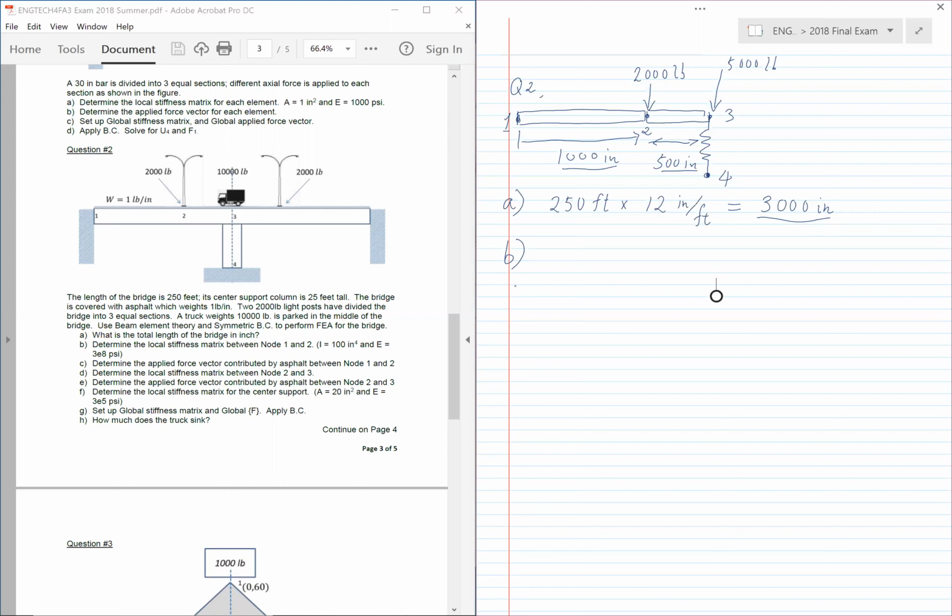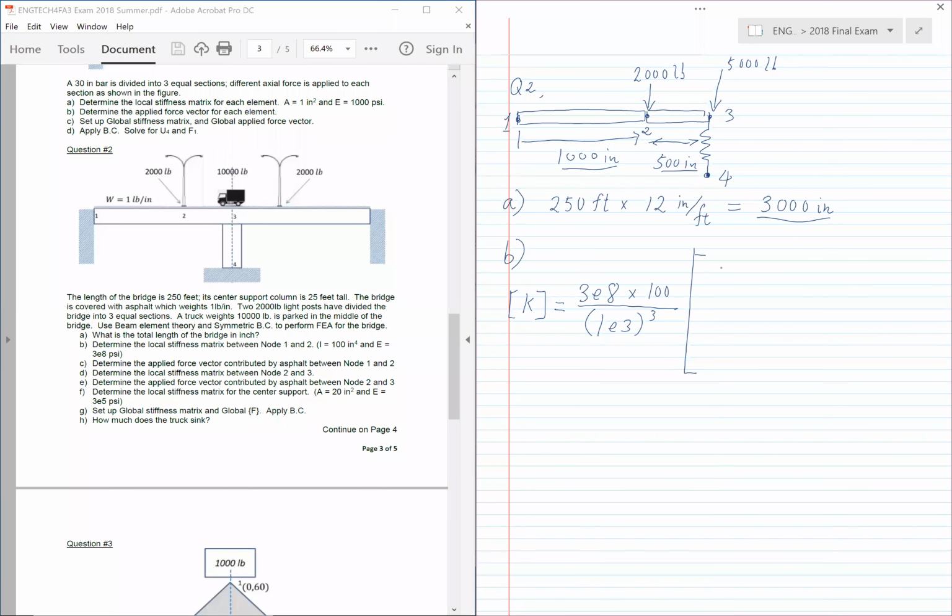Now you take up the formula for the beam elements: E times I, which is 100, divided by length cubed, 1000 inches, so 1e3 cubed.